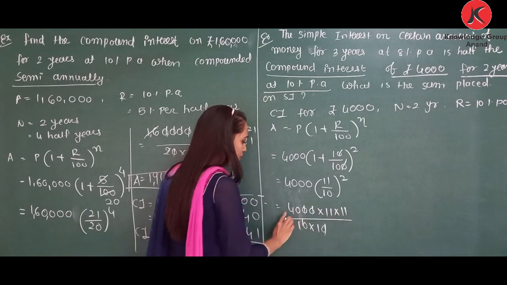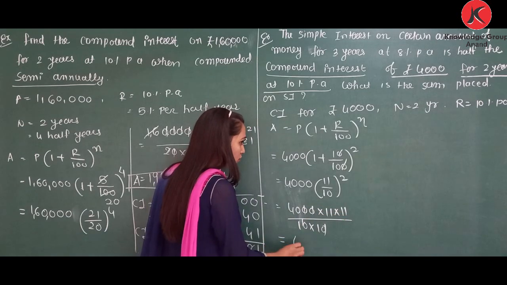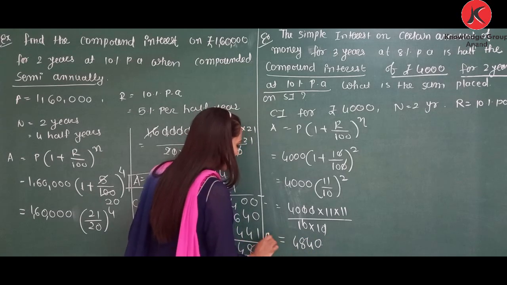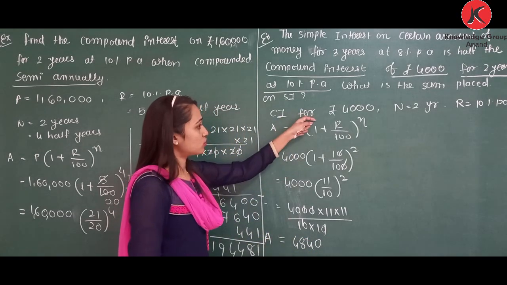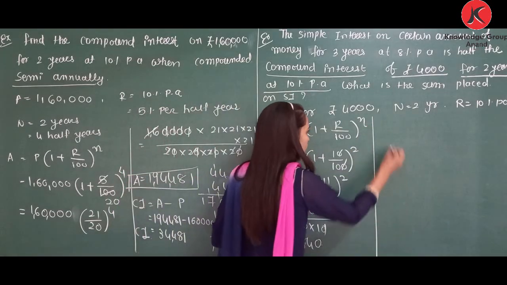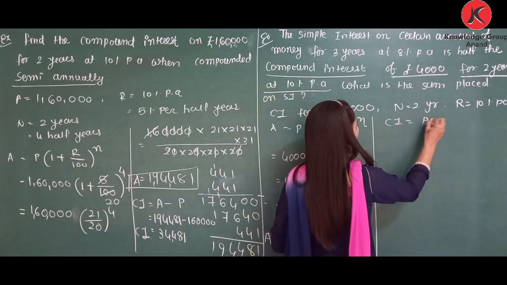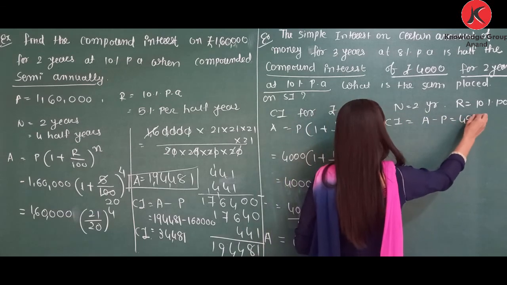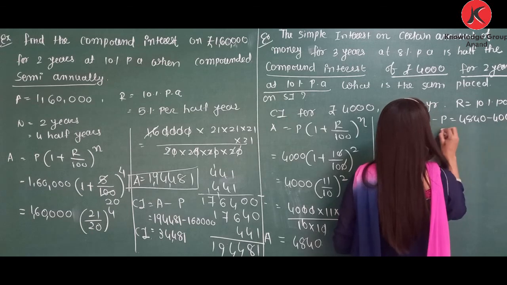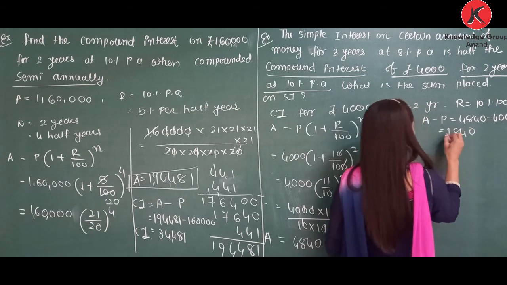So 121 multiplied 4, so you will get 4840. So that is the amount for 4000, 2 years and 10% per annum. So we can find the compound interest: amount minus P, so it is 4840 minus 4000, so that is 840.